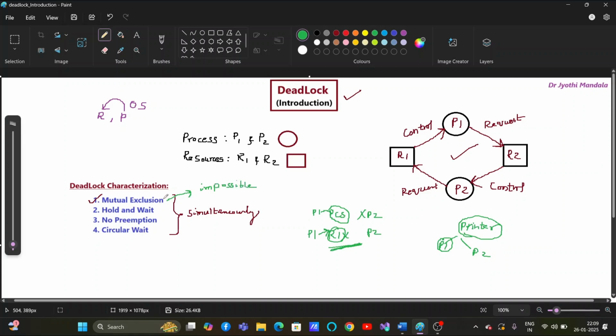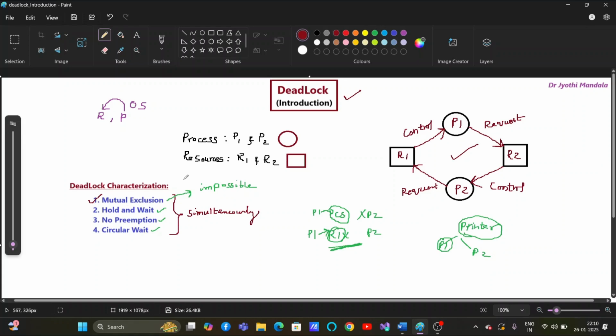So we will not always try to avoid mutual exclusion. We will see whether we are able to avoid hold and wait, no preemption or circular wait, because avoiding mutual exclusion is not possible. But mutual exclusion may lead to a deadlock situation. Got it. All right.